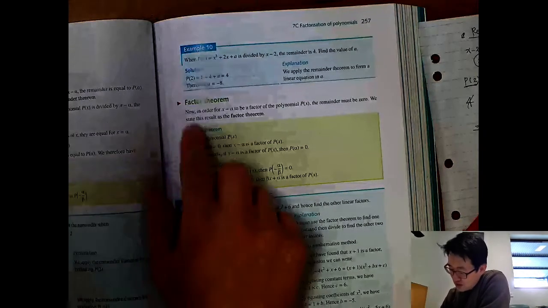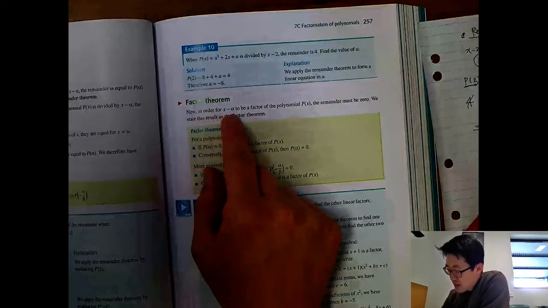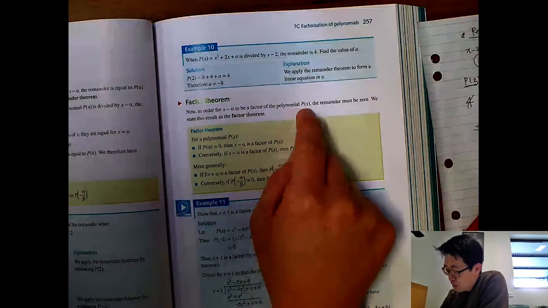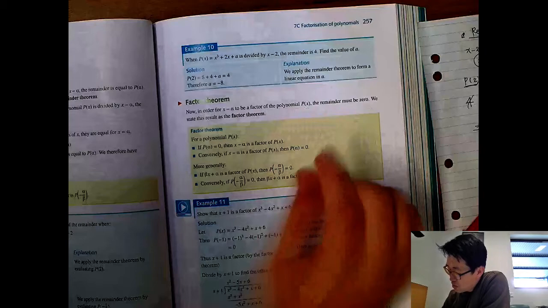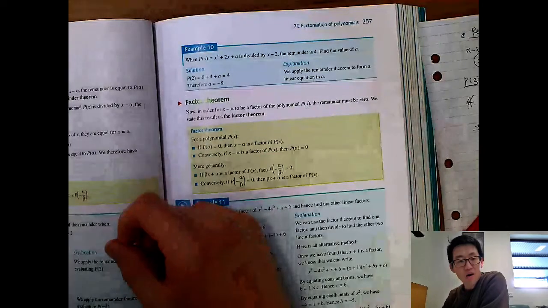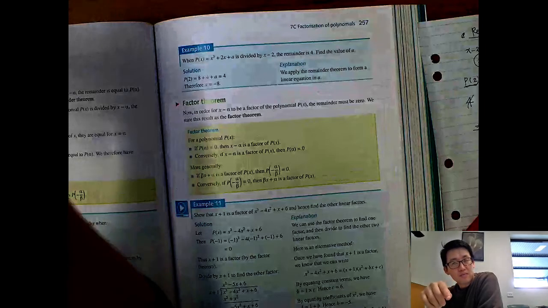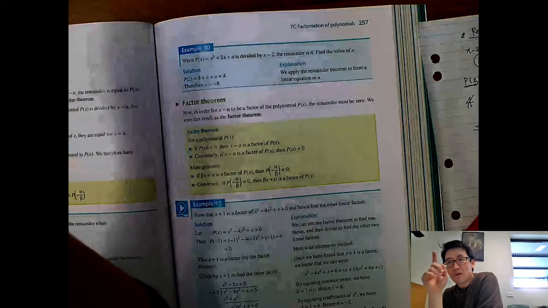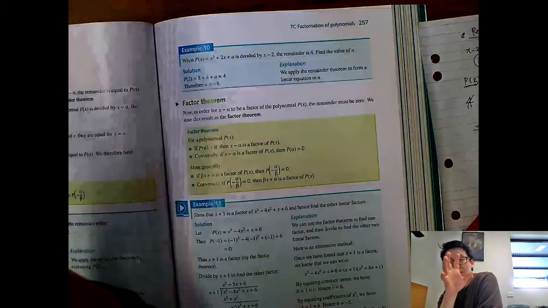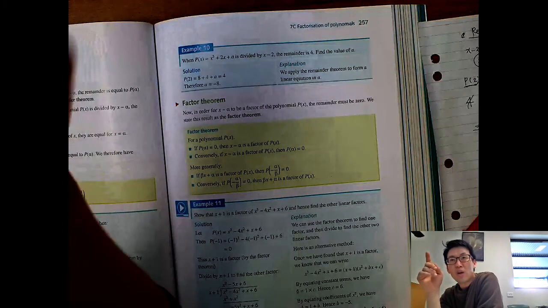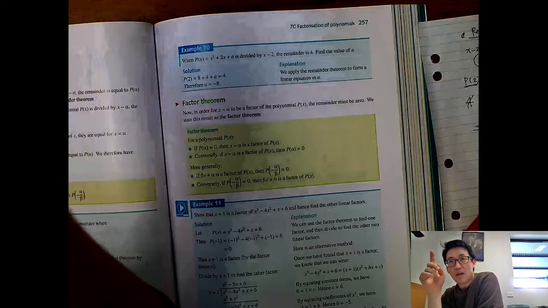Anyway, all right, continue. Now, in order for x minus a to be a factor of the polynomial P(x), the remainder must be 0. So according to remainder theorem, if the divisor is x minus 3, that makes x equals 3.